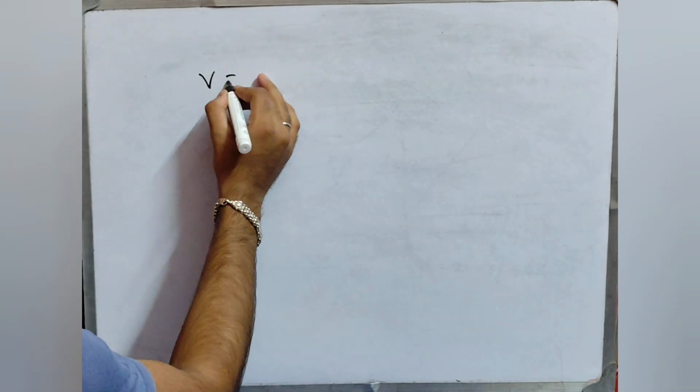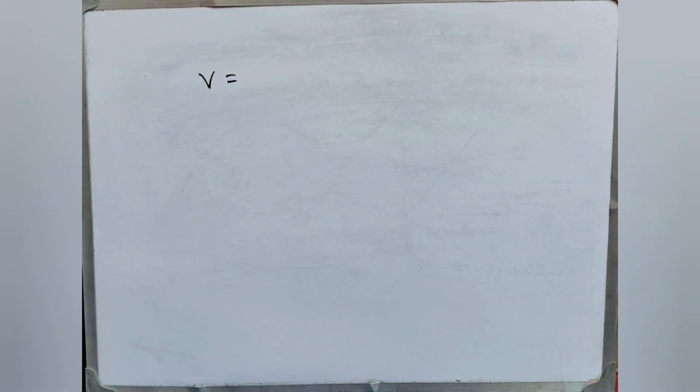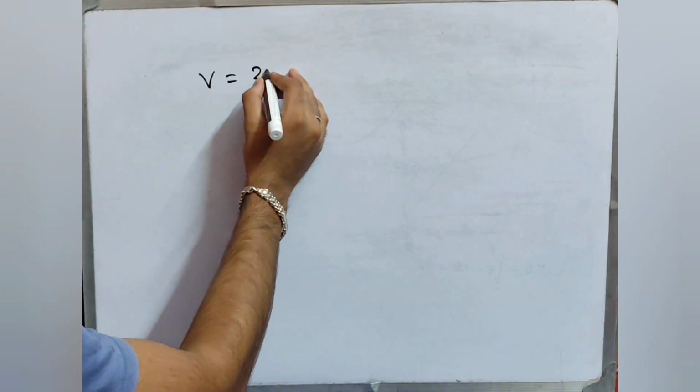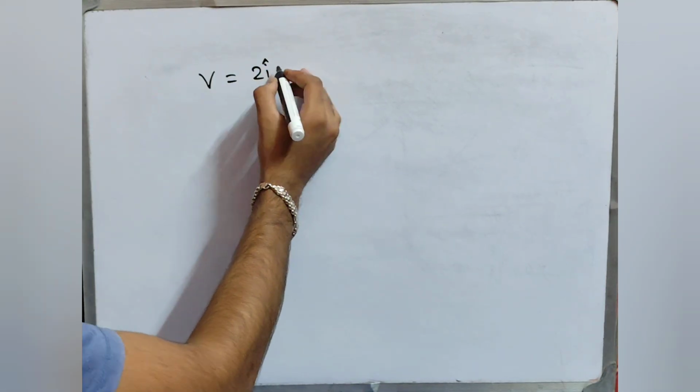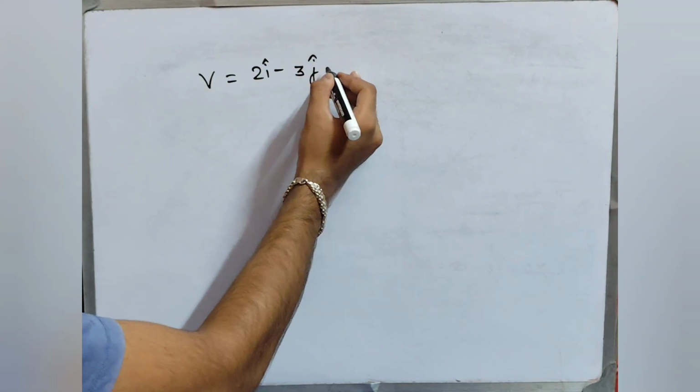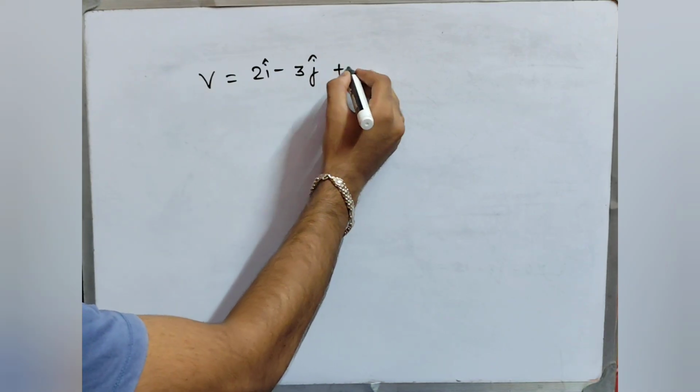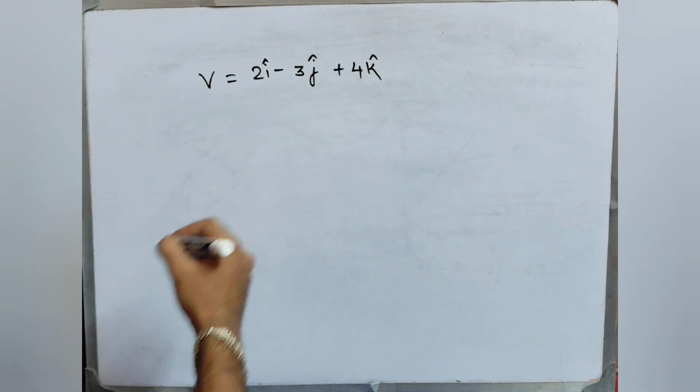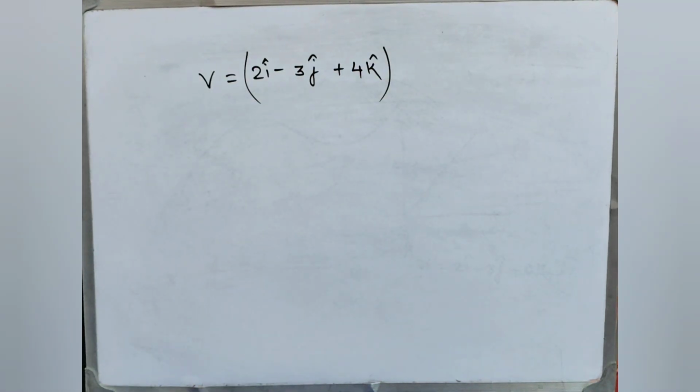Question number 2 is, here velocity is written as 2i cap minus 3j cap plus 4k cap. This one is your instantaneous velocity in a 3-dimensional space. Then you have to calculate the instantaneous speed of the particle at this instant.